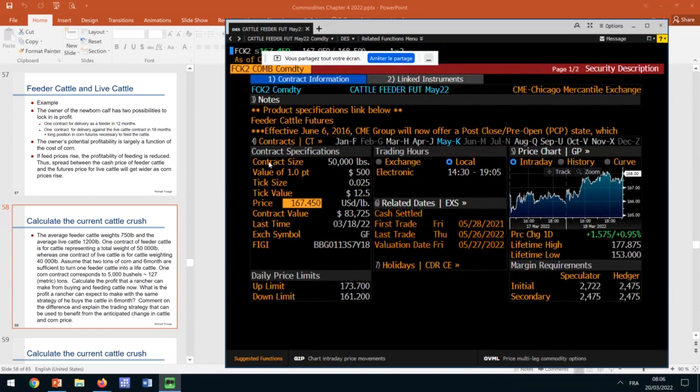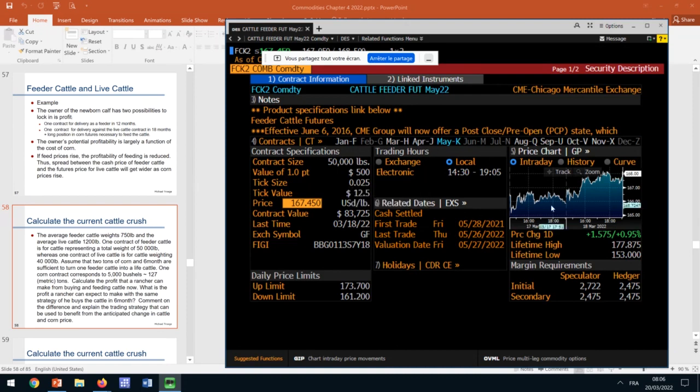Contract size 50,000 pounds. Price is given in pence per pound. So one increase in price is one increase. So if you go from 167 to 168, the contract value increases by $500.